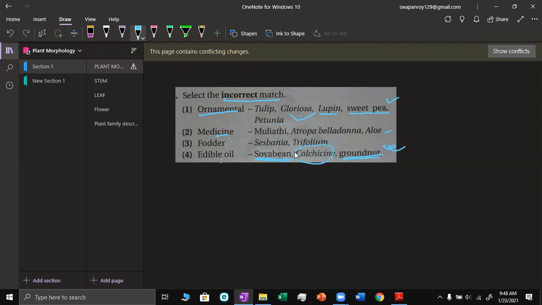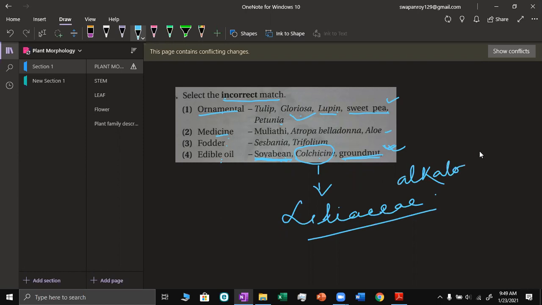colchicine, this one belongs to Liliaceae. Colchicine is an alkaloid. Here, of course, they should not have written colchicine, they should have written colchicum.